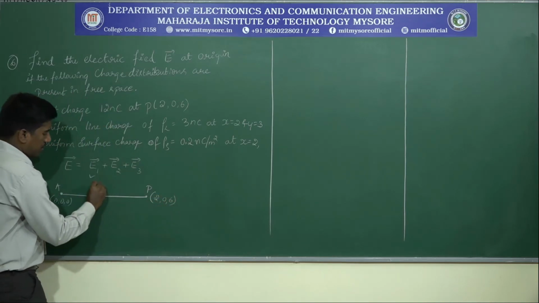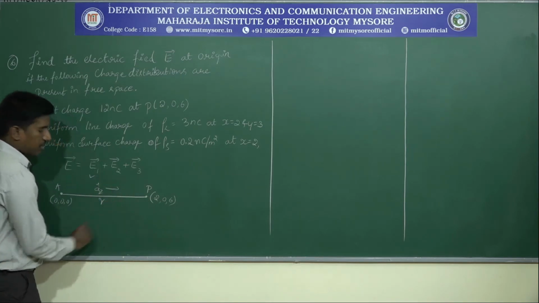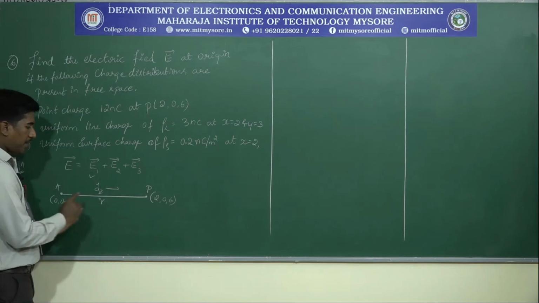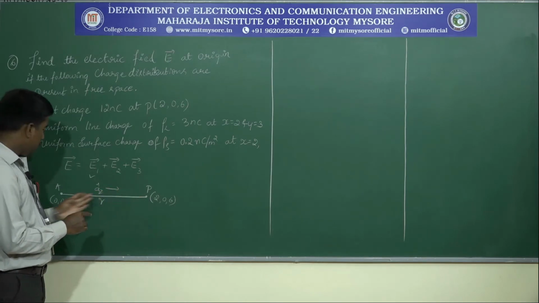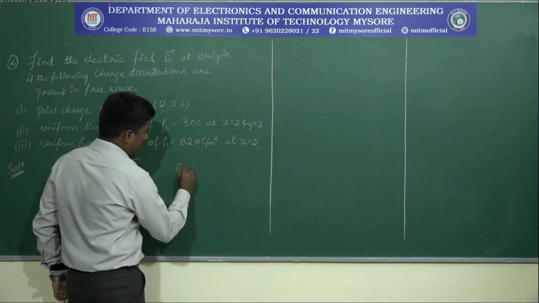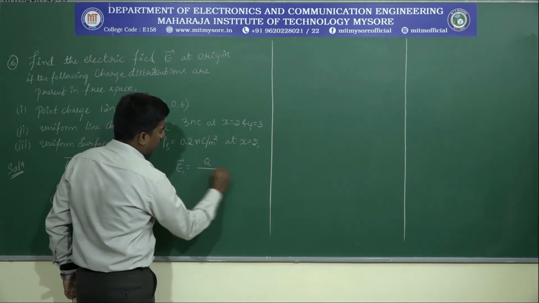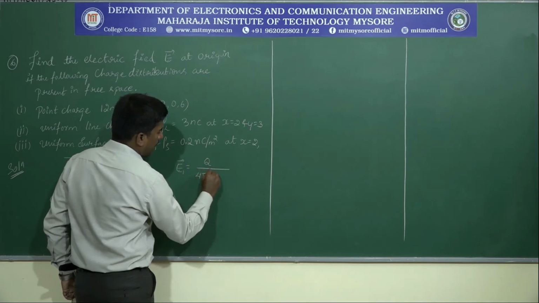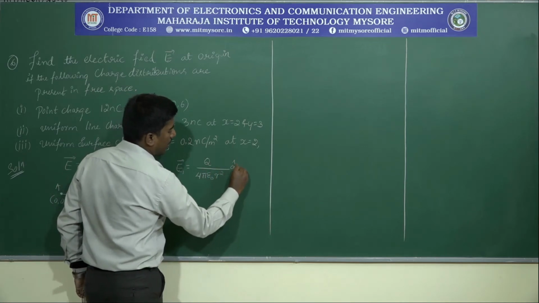The unit vector is acting towards this. The distance between these two points is considered as R. So what is the equation for electric field intensity at a point due to a point charge? We know the equation: E1 is equal to Q divided by 4 pi epsilon naught R square into a cap R.